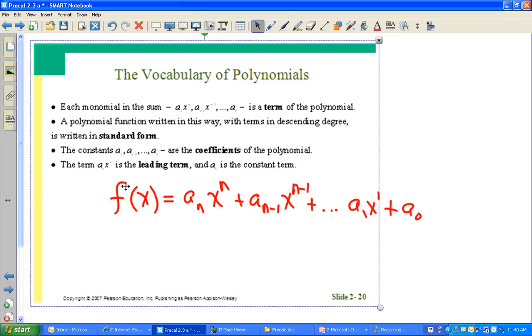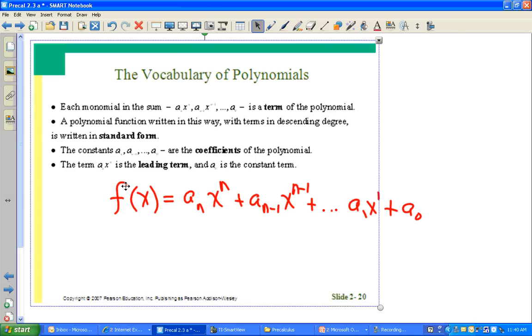So, some vocabulary. We call the variables the a sub n minus 1, a sub 1, a sub 0. Those are all coefficients. A sub 0 actually has a special word. It's called the constant. But the others are all coefficients. Of course, x is the variable, and the power is n.